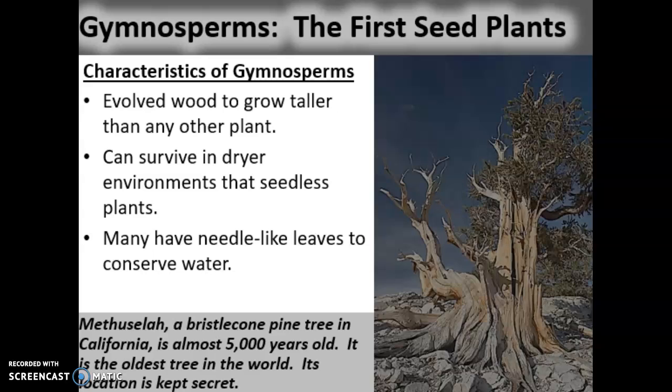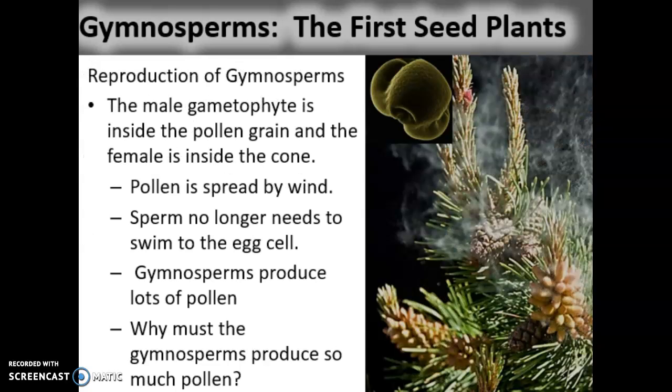If we talk a little bit about the reproduction of the gymnosperms, the male gametophyte, the stage that produces sperm cells, is basically confined in cones. So we have cones that produce pollen grains that we see right here. And those pollen grains contain sperm cells.